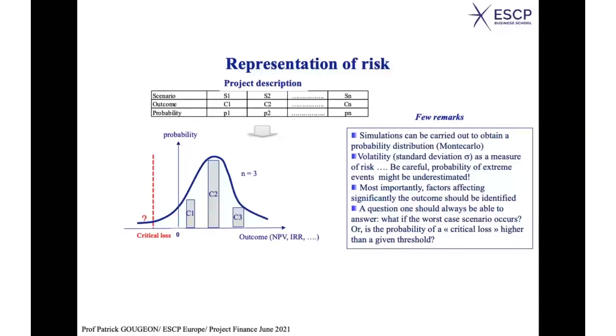So since the concept of critical loss is important, I think it's worth discussing a bit how it can be measured, how it can be obtained. There are different levels, different thresholds that can be considered, and it will depend on who you are and how much you're ready to lose.